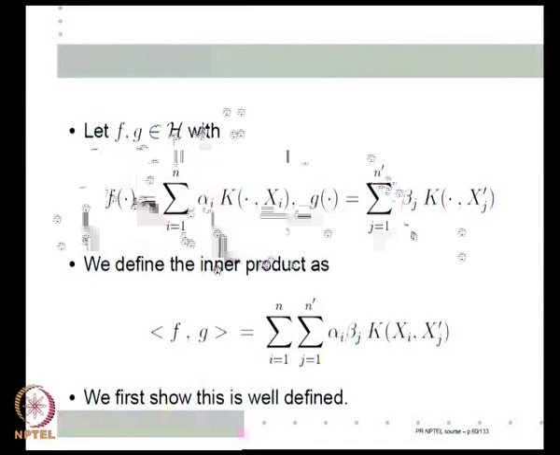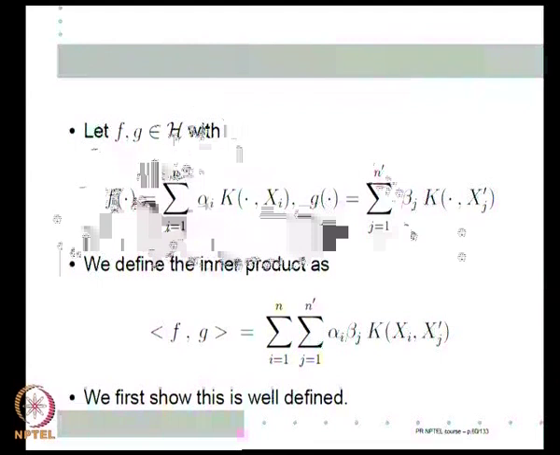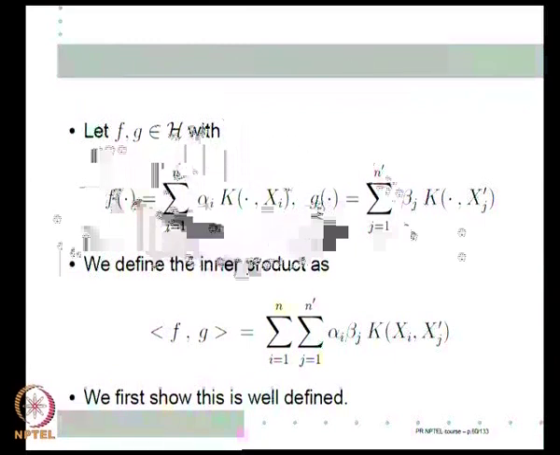When we say we take all possible linear combinations, there is no guarantee that two different linear combinations do not give you the same function. In other words, a given function may not be representable uniquely as a linear combination, which means these alpha_i's are not sacrosanct. The function of course is sacrosanct because the function is an element in H, but the same function may be representable with some alpha_i primes and some other k(., y_i), who knows.